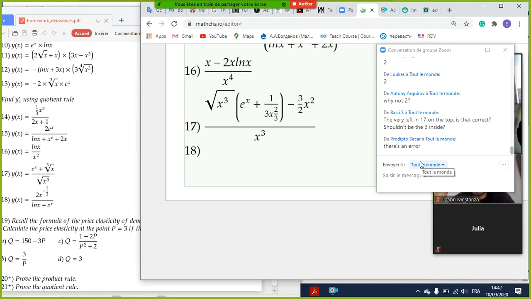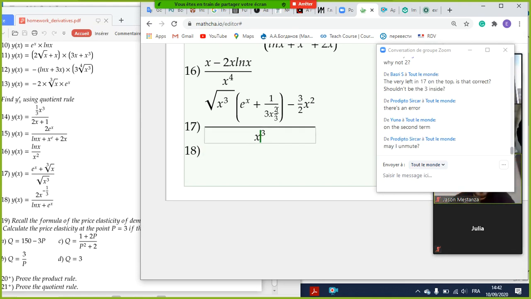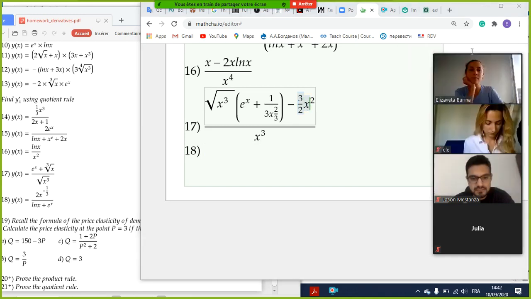Oh, there's an error. Come on. Which one? Where? Yes, please unmute. Should it be minus 3 by 2 to the power x to the power half into e to the power x plus x to the power 1 by 3?